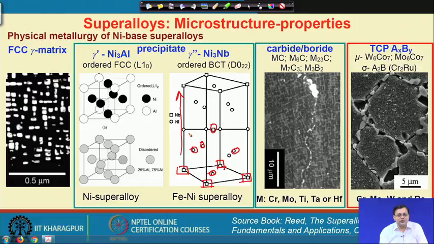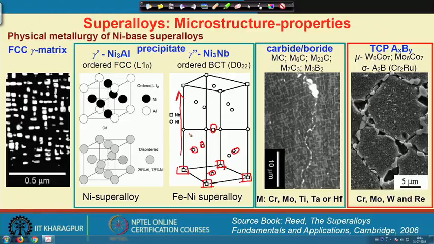Now, besides precipitation hardening, I also mentioned the grain boundary precipitates, which cause grain boundary strengthening, because at elevated temperature any grain will try to grow because of the diffusion of atoms. To stop that, we have some specific carbides and boron which help nickel based superalloys survive at higher temperature.